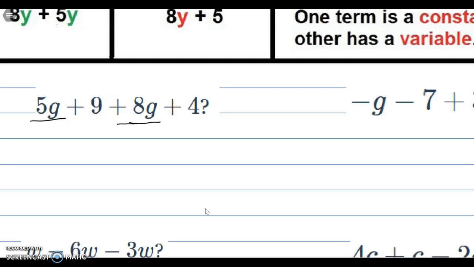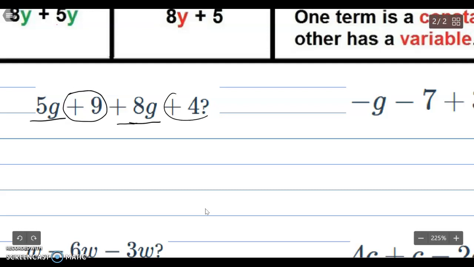Now I'm going to circle everything that is another like term. So you've got constants here, I'm just going to circle them. And what I'm going to do is add the like terms and simplify the expression.